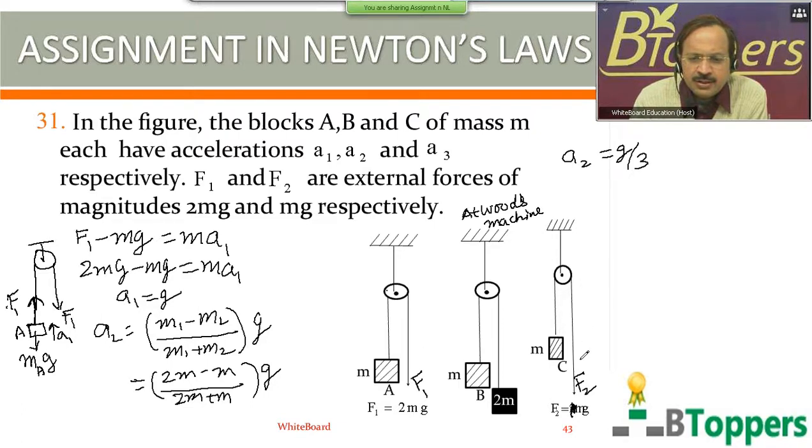So if the mass of the string is negligible compared to the mass of the block C, the magnitude of tension will be the same at all cross sections of the string. So the magnitude of tension force on the block C by the string will be the same as the magnitude of the pulling force applied at the other end of the string, which is equal to F2. So the tension force on the block C by the string acts along the string and away from the block C. The weight mg of the block C acts downwards.